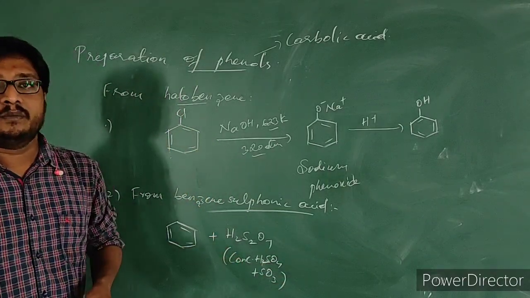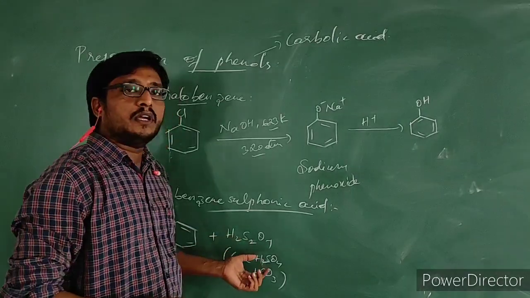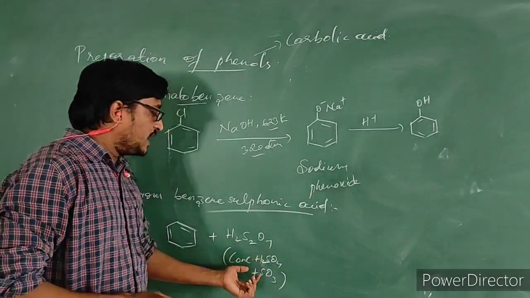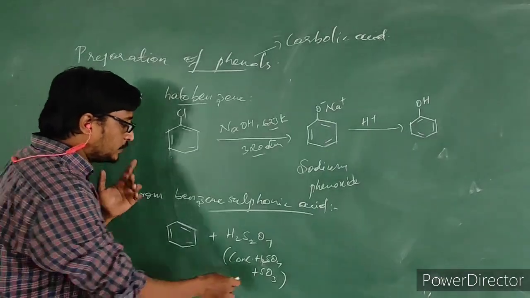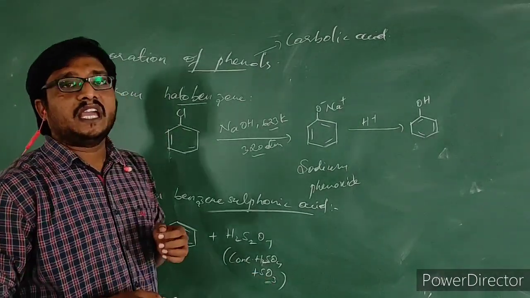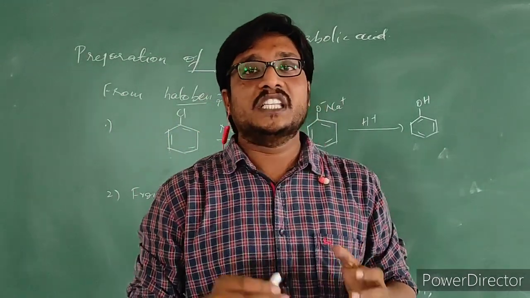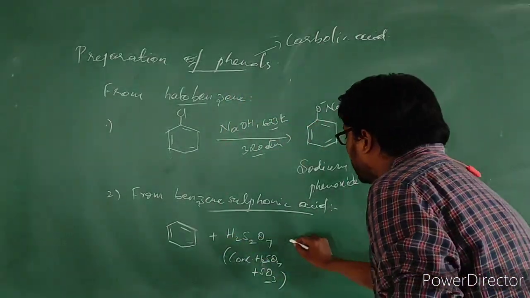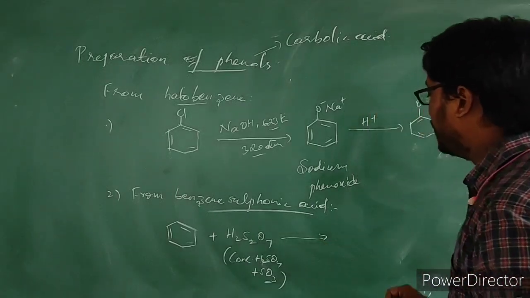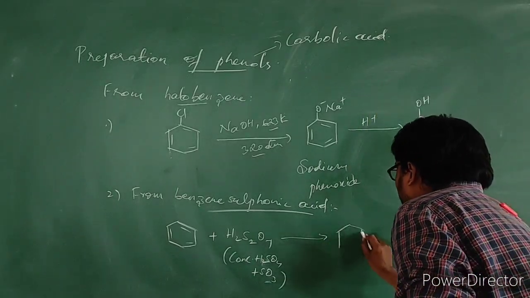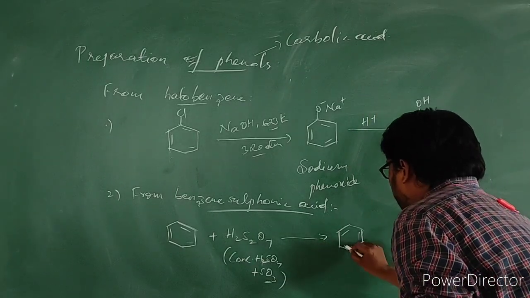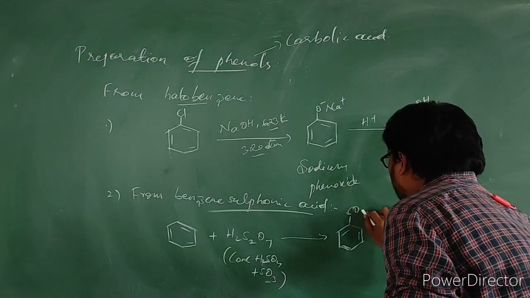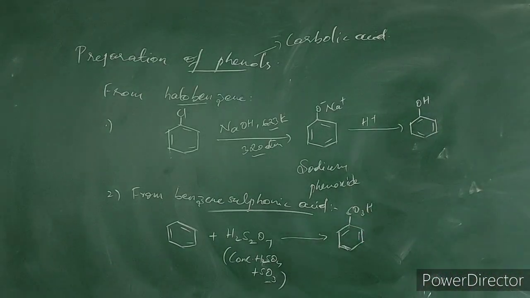Oleum is a mixture of concentrated sulfuric acid and SO3. Here, the SO3 present is electrophilic in nature, so it will go and bind to the benzene ring. If it binds to the benzene ring, we will get benzene sulfonic acid in this way.